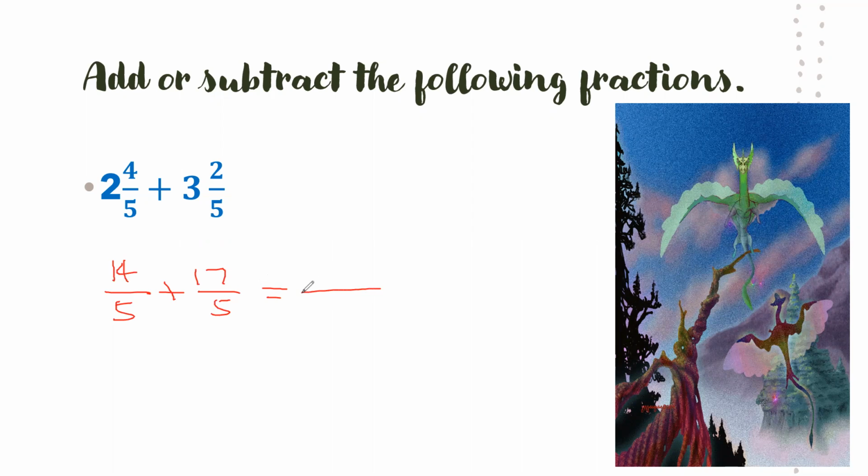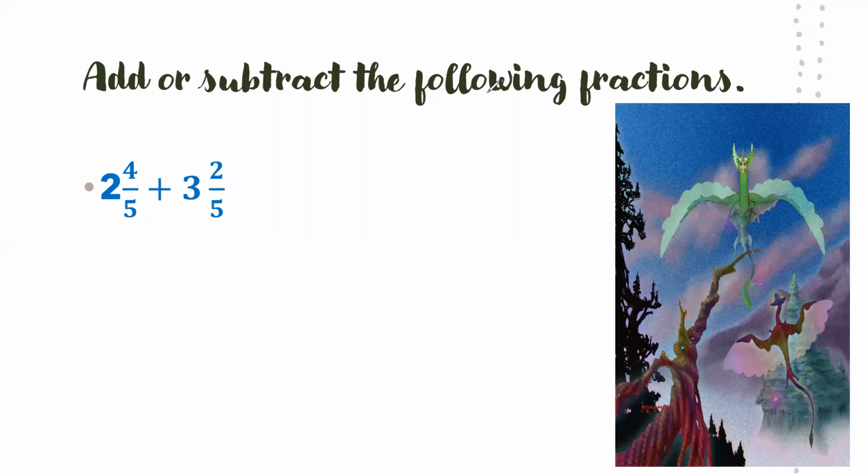And then copy 5, add 14 and 17. So 14 plus 17 is equal to 31 over 5, or that is simply equal to 6 and 1 over 5. So the final answer is 6 and 1 over 5.